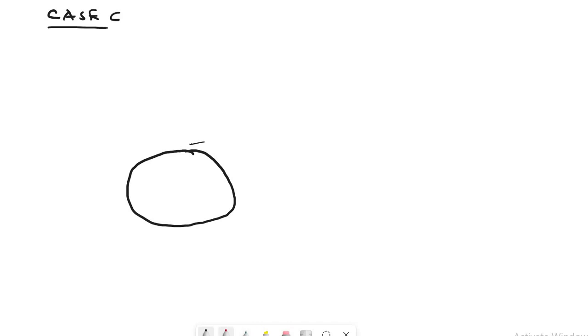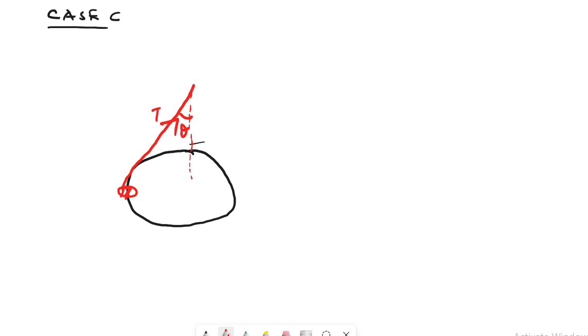Let me use another color for this. This is a stone, and the stone is attached. You are whirling the stone at a particular angle, theta.